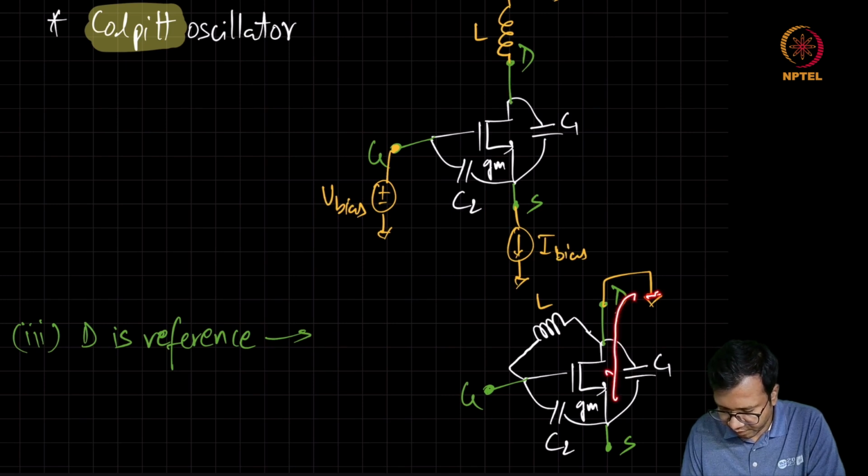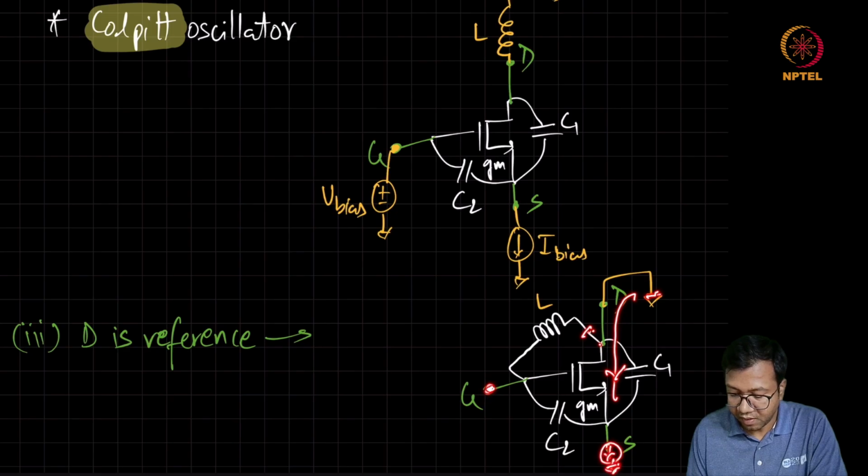And for providing the DC path for the bias current to flow, we can connect a current source on the source node. And for the gate biasing, we can remove this terminal of the inductor and use a different DC voltage source to set the gate voltage.